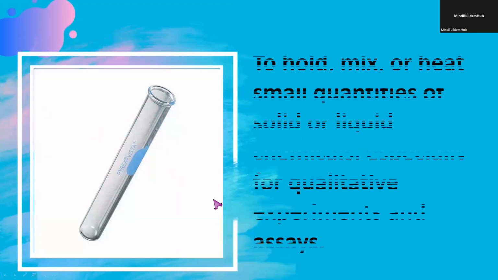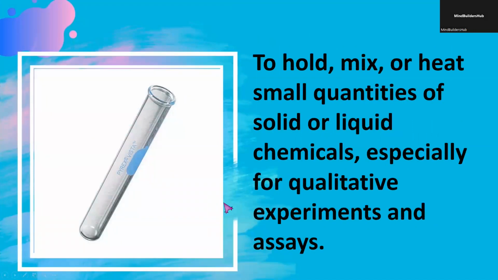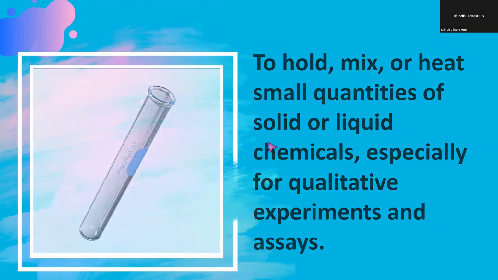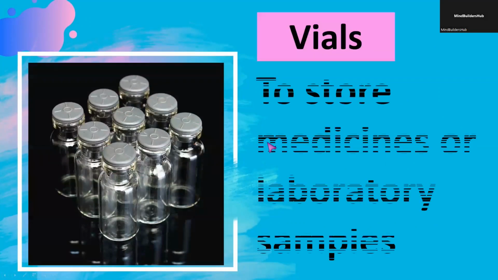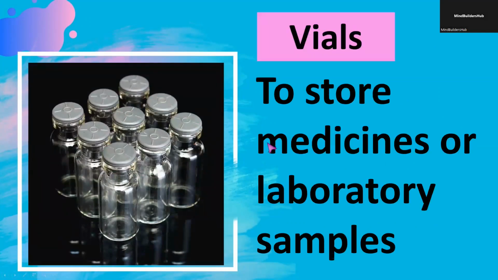It is also used to hold, mix, or heat small quantities of solid or liquid, especially for qualitative experiments and assays. We also have the vials to store medicines and sometimes some laboratory samples.